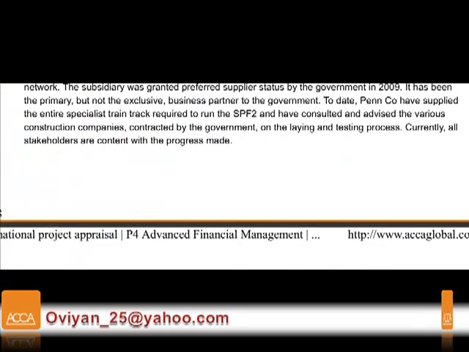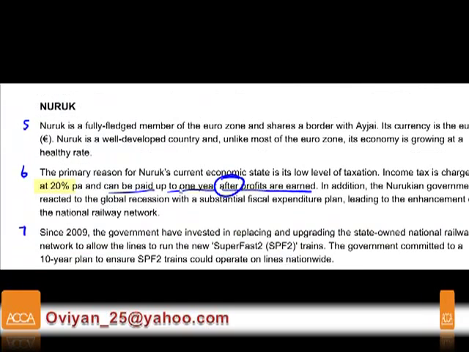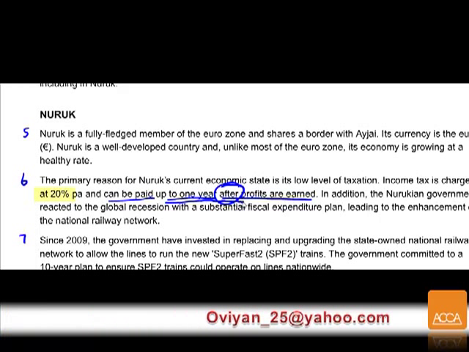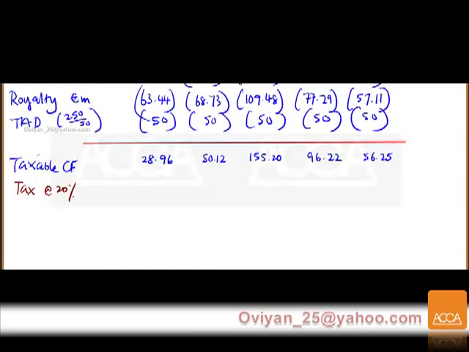It's mentioned in paragraph number 6 that this tax is 20% and is paid 1 year after the profits are earned. So it's going to be in the following year. So the figure is going to be multiplied by 20%.